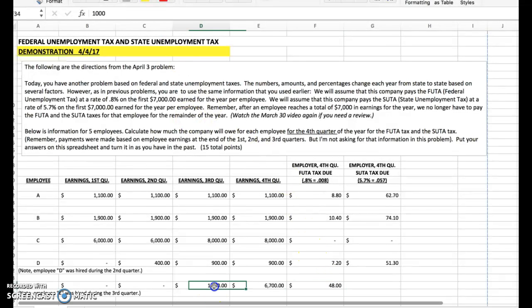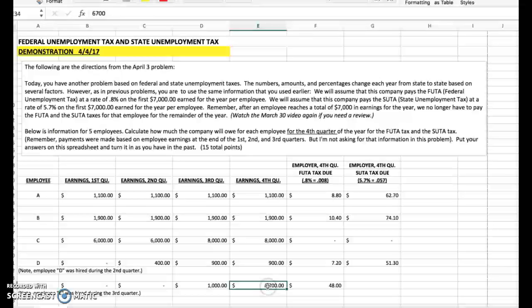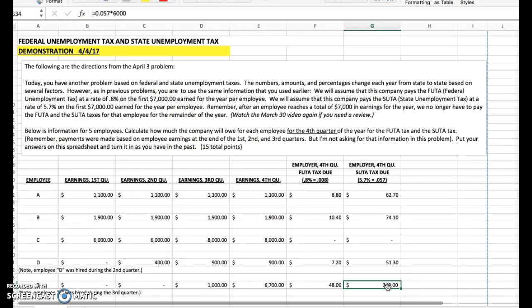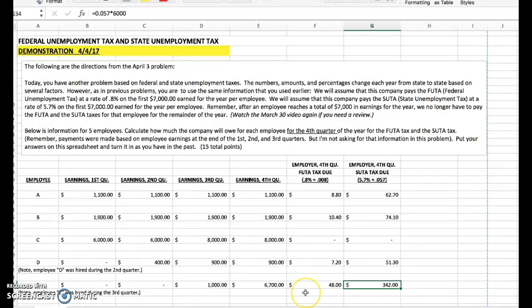Again, third quarter we paid on 1,000. Fourth quarter we pay on 6,000, which gets us the amount that we need. That's by law. We have to pay on the first 7,000. We don't have to worry about this extra 700. That's over 7,000. So 0.8% times 6,000 is $48. And the last calculation, 5.7% times 6,000 is 342.